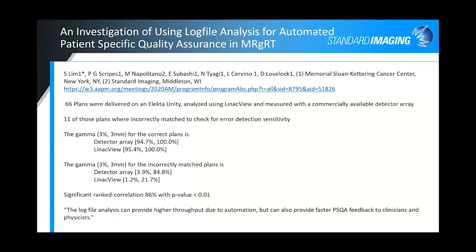For the incorrectly matched plans, the detector array showed between 3.9% to 8.4%, while LinacView was more sensitive to error with gamma pass rates in the range 1.2% to 21.7% for the same plans. The poster states that, and I quote, "The log file analysis can provide higher throughput due to automation, but can also provide faster patient-specific QA feedback to clinicians and physicists."